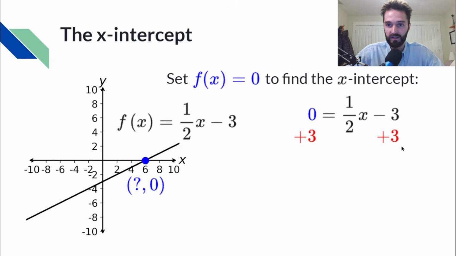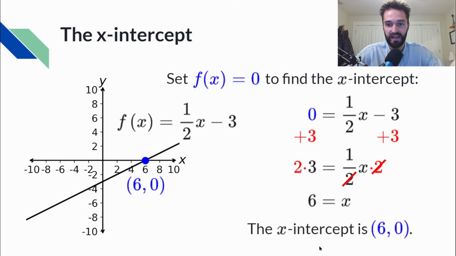Okay, let's add 3 to both sides, and we'll get 3 equals 1/2 x. Okay, and then we'll multiply both sides by 2 to isolate x on the right-hand side, and we get this. And we can see that the 2's cancel on the right-hand side, and that gives us 6 equals x. Okay? So the x-intercept is given as 6, comma 0.